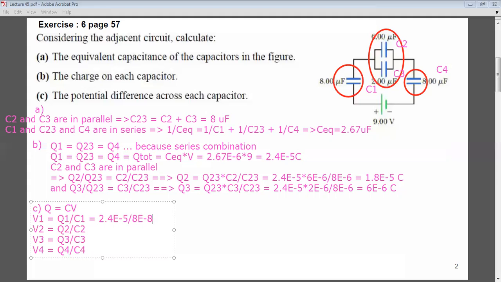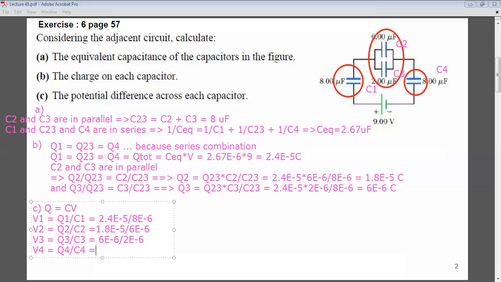C1 is 8 e to the minus 6. And the Q2 is 1.8 e to the minus 5 divided by C2, which is 6 e to the minus 6. V3 is 6 e to the minus 6 divided by C3, which is 2 e to the minus 6.